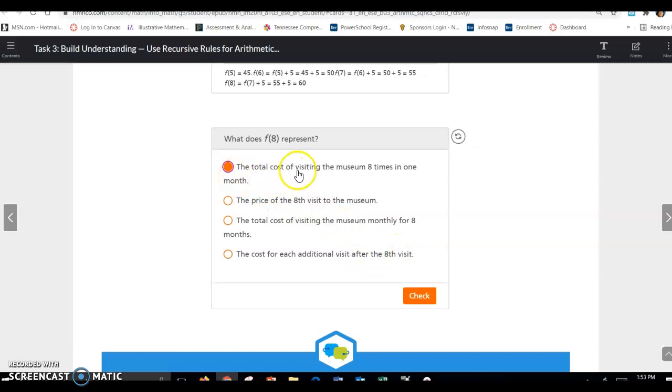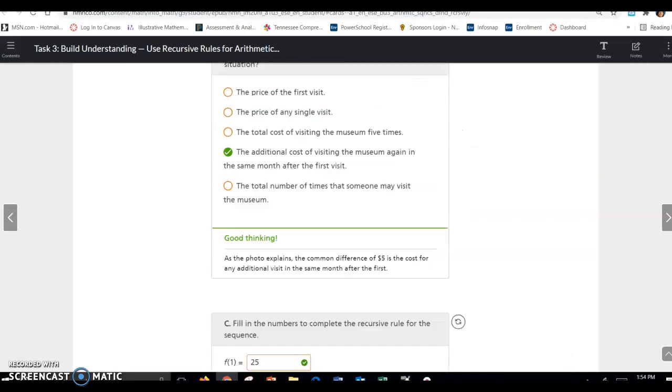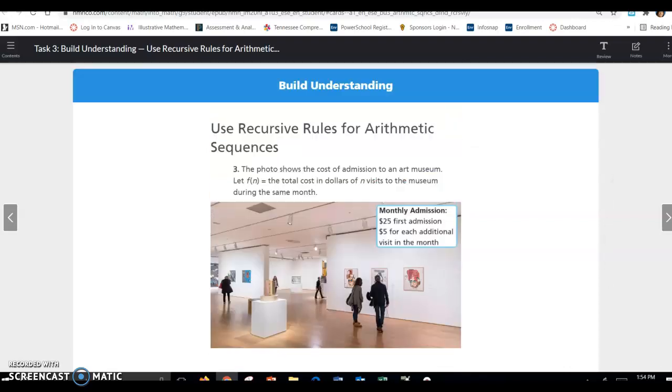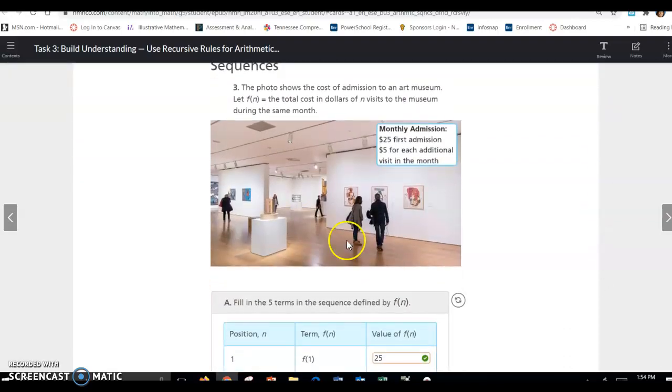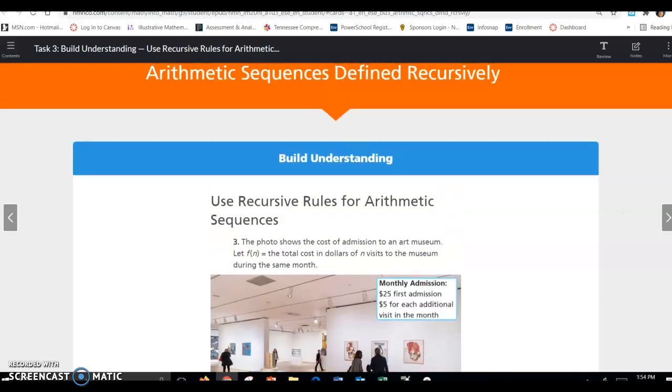No. So the only one that makes sense is the total cost of visiting the museum 8 times in 1 month. And again, you can go back and it talks about that at the very beginning if you have forgotten. The photo shows the cost of admission to an art museum. f of n is the total cost in dollars of n visits to the museum during the same month. All right, that's all for task 3. If you have any questions, please let me know.